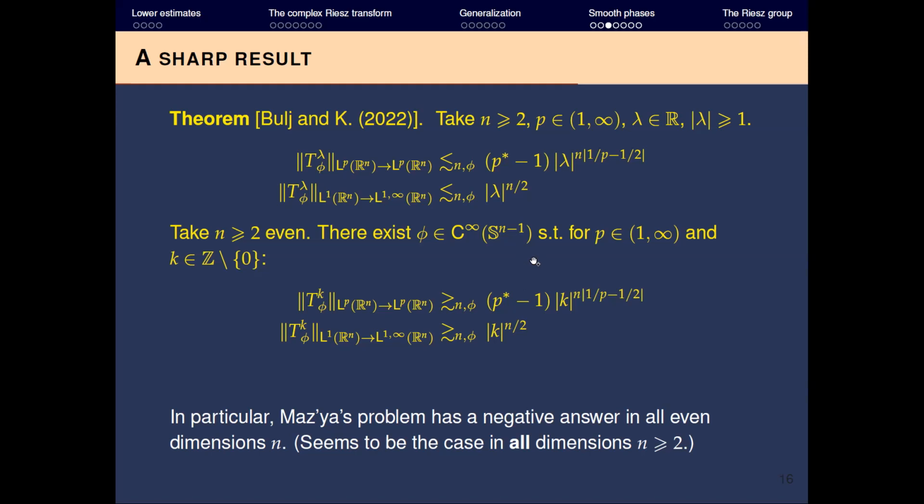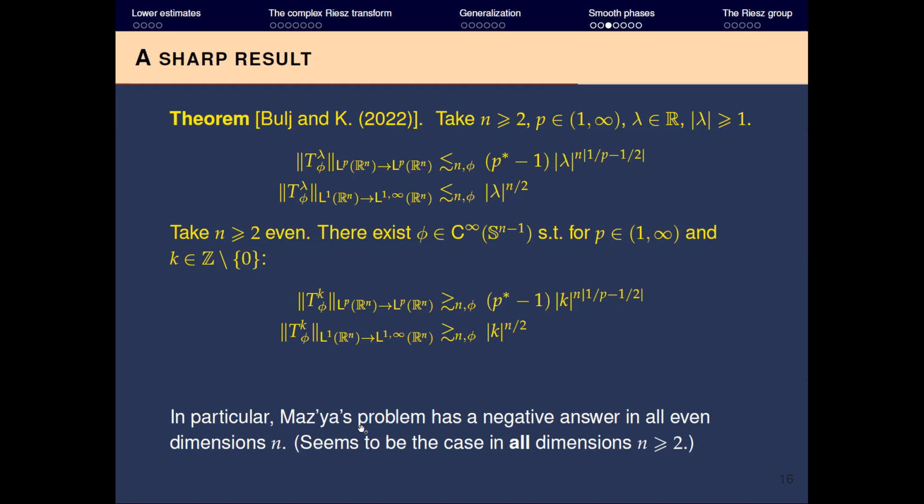There is a phase so that all integer powers, well, we kind of needed integer powers because it was convenient in the proof, so that all integer powers actually of this operator T actually have the worst possible growth of the LP norms.